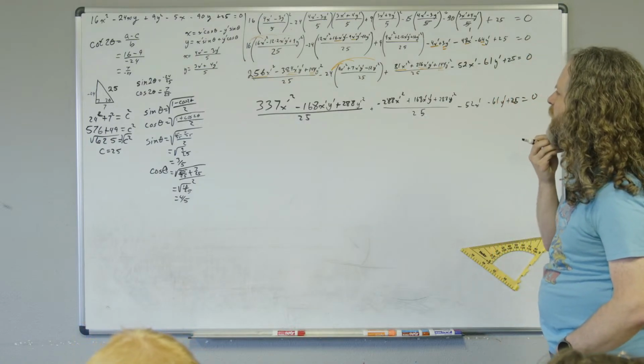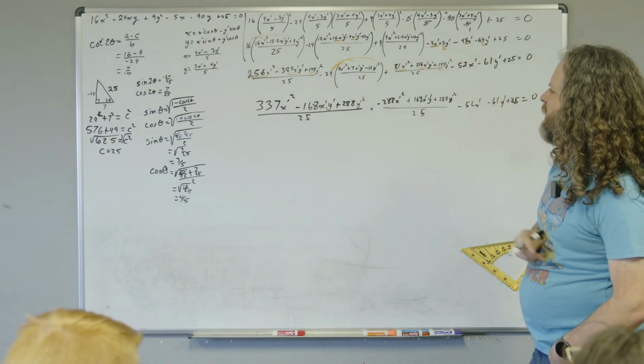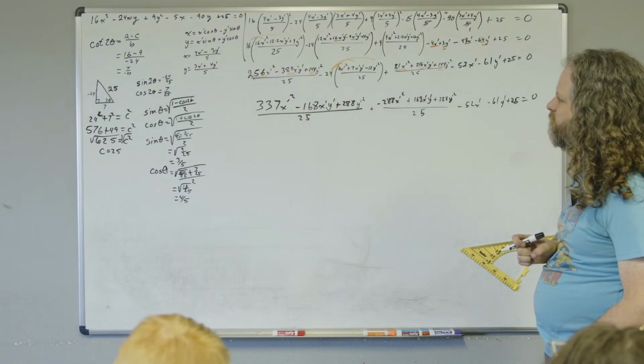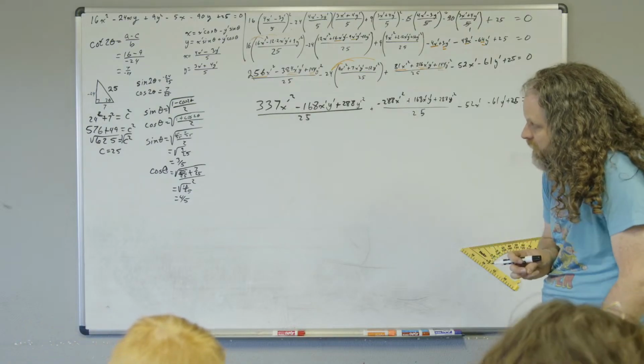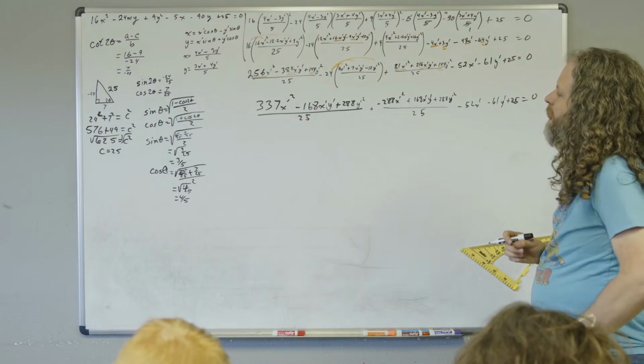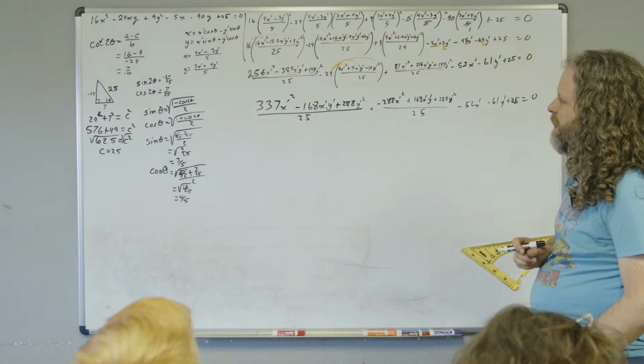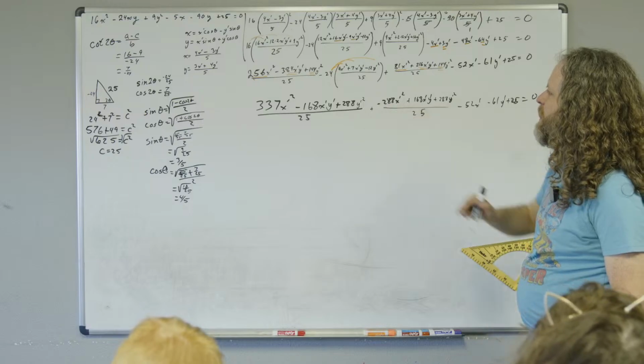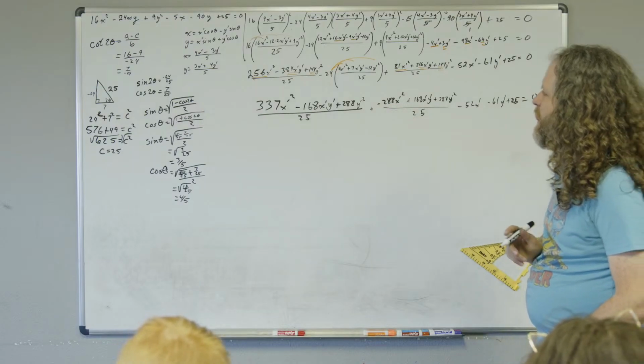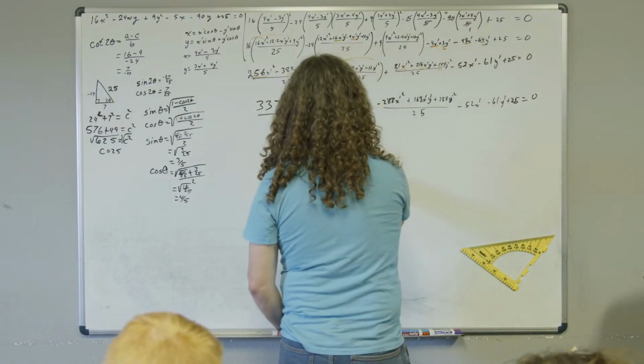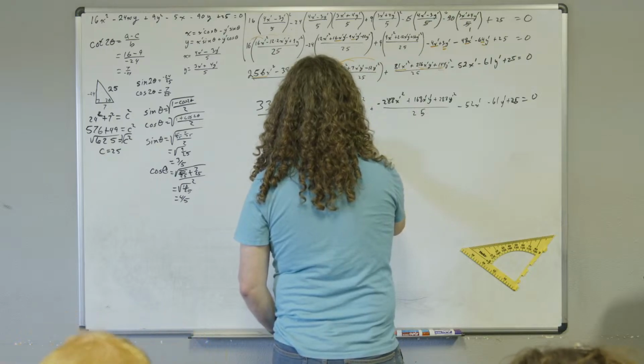So 337x prime squared minus 288x prime squared is what? 337 minus 288. 49. 49x prime squared.